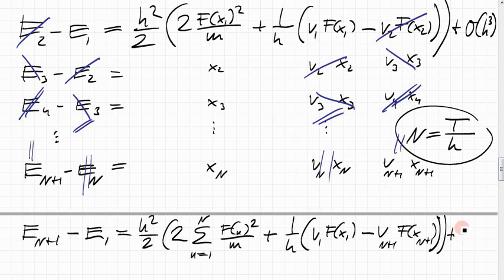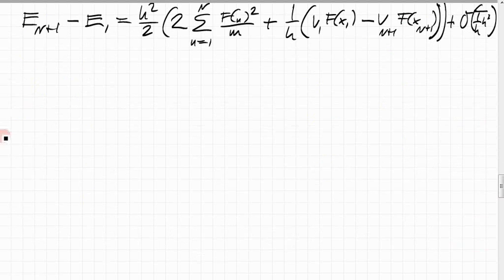Now we have to be careful. We include capital N of these remainders, so that would be of the order n times h to the third power, or t over h times h to the third power. Let me clean this up a little.